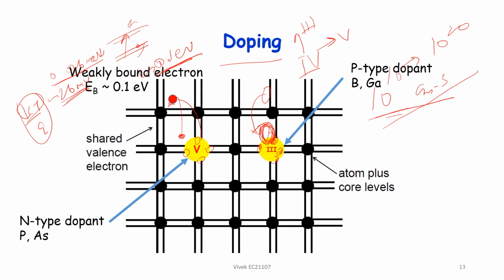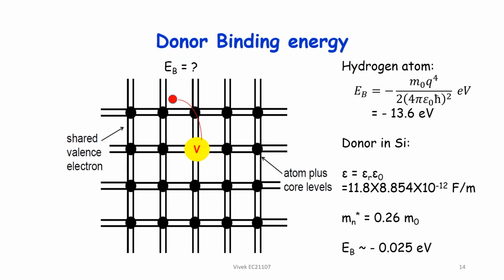So for example, let us do some rough calculation for binding energy. We can recall that for hydrogen atom, binding energy is given by m naught q to the power 4 divided by 2 times (4 pi epsilon naught h bar) squared, in electron volt, and that is minus 13.6. So this is our first energy state, right?